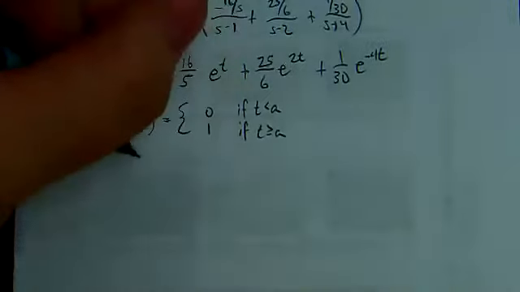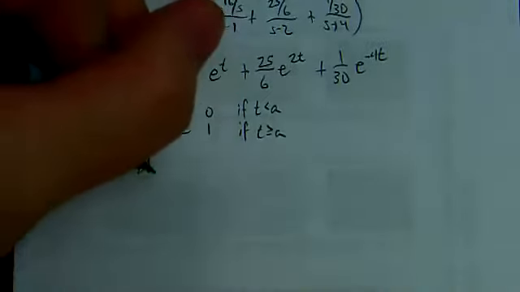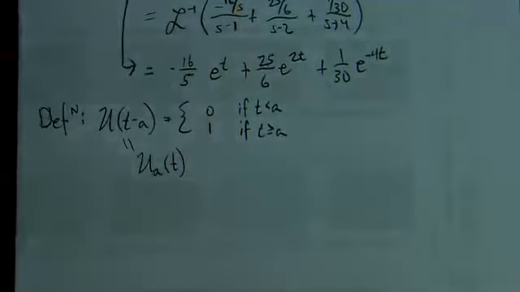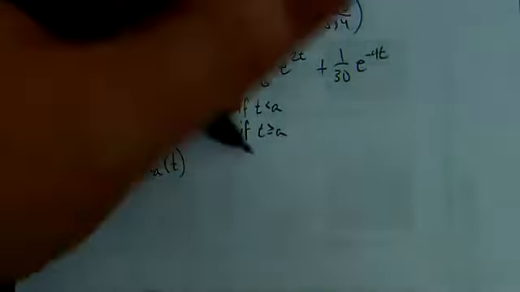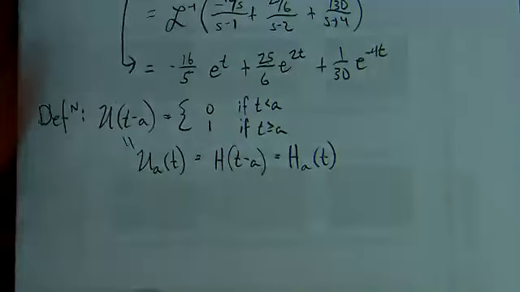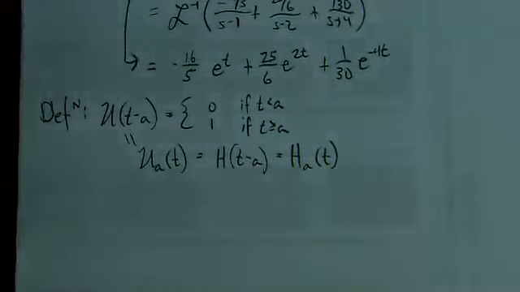Alternatively, for conciseness, you might see it as cap script u sub a of t. You might also see this as h of t minus a, or h sub a of t. These are all interchangeable ways of referring to this exact same function.